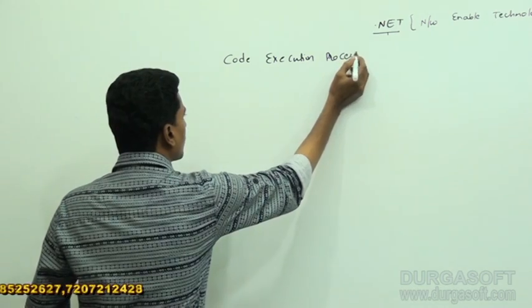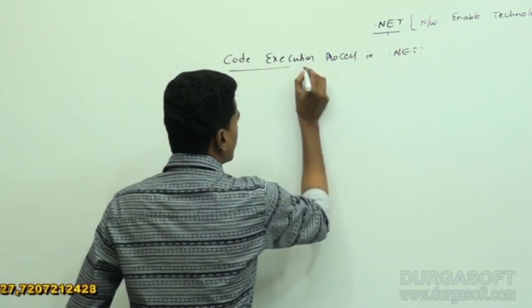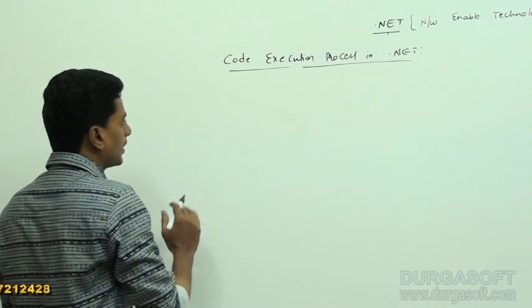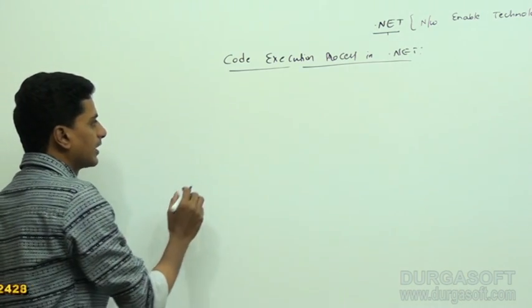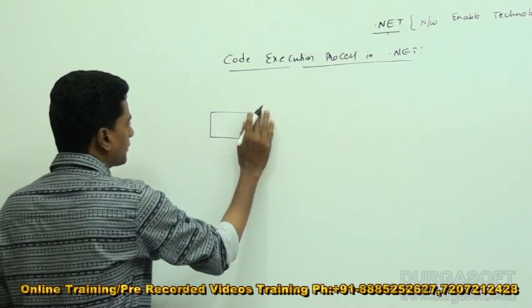Code execution process in .NET. For example, if I write the code in C++, C#, J# or F#, any programming language of .NET, that code is called source code.